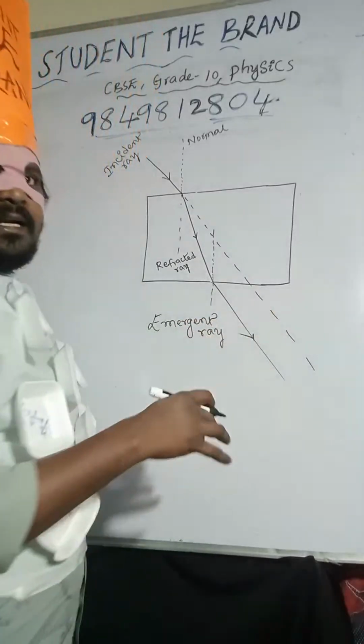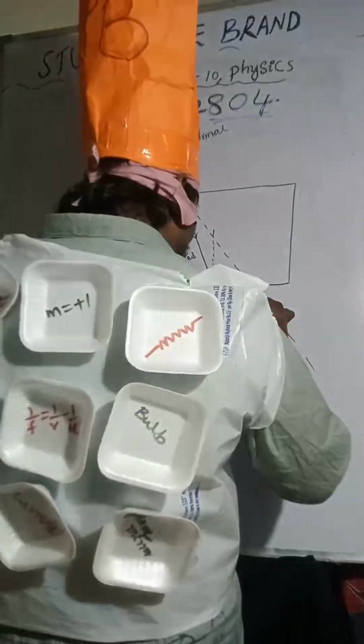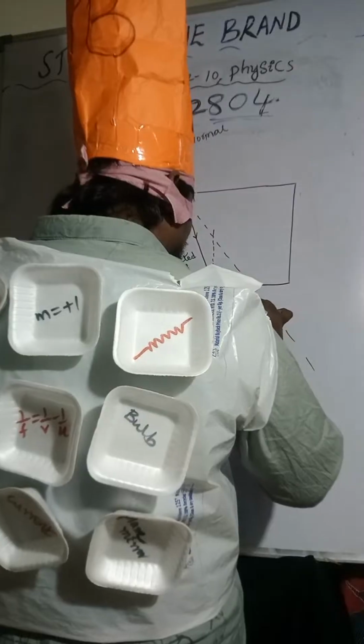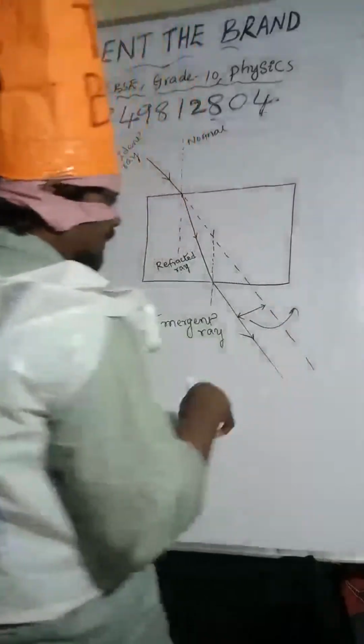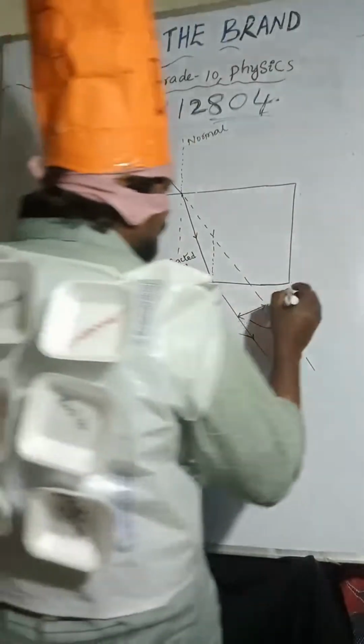And this is the initial direction of the incident ray. So the distance between the emergent ray and the extended incident ray, or initial direction of the incident ray, is called lateral shift.